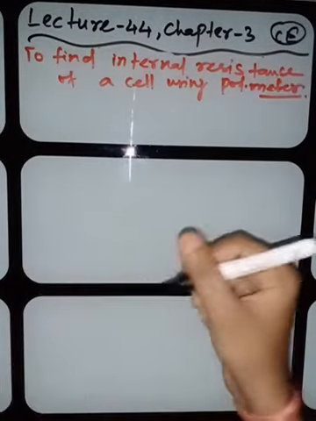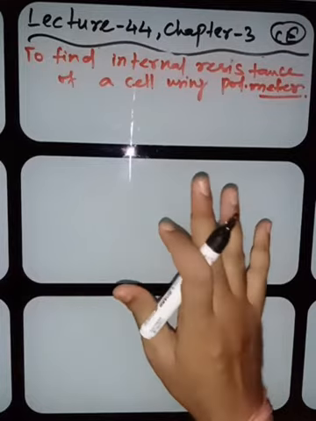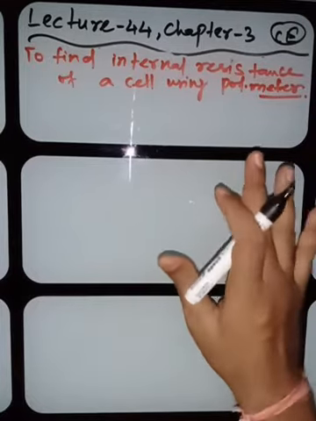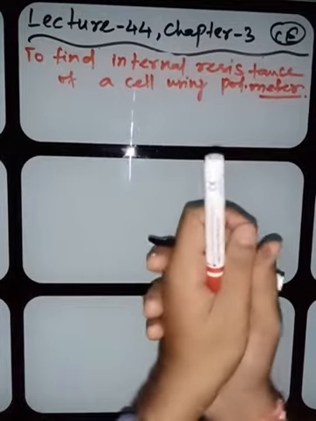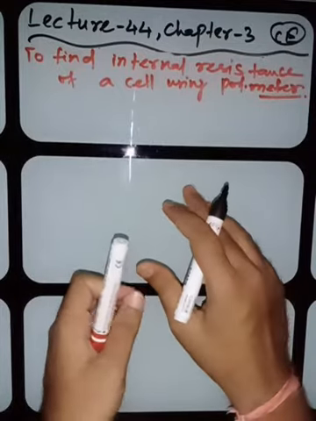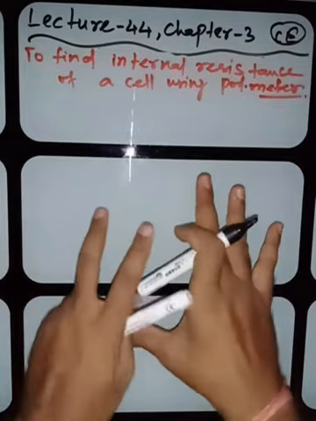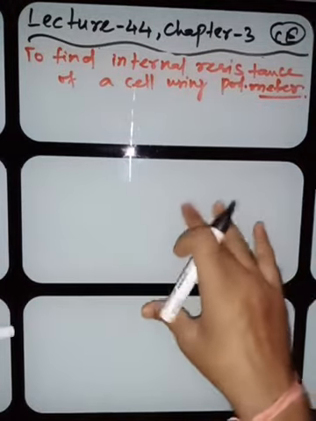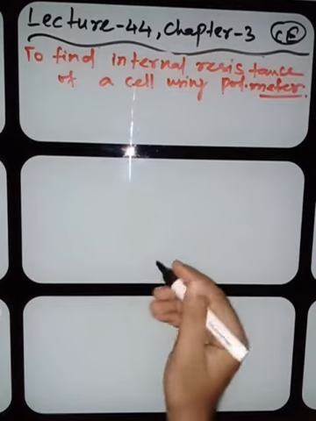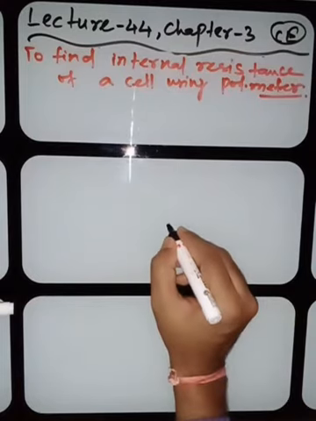Okay, there is a very slight change in the arrangement of this potentiometer while finding the internal resistance. So look here carefully, then you will be able to draw the diagram. This is not very difficult. We have the 4-wire potentiometer.